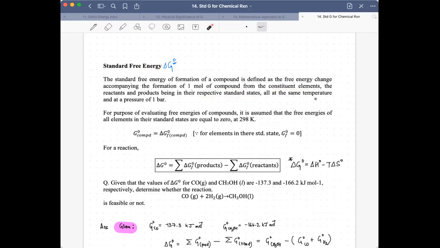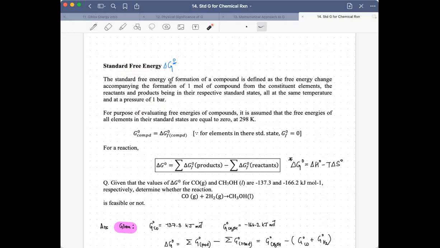Whatever temperature they are at, the standard state implies that they are in their respective physical state. If it's a solid, it should exist as a solid. If it's a liquid, it should exist as a liquid. Apart from that, the pressure is also approximated to be 1 bar. Under such conditions, whatever change in Gibbs free energy we measure is equivalent to the standard free energy.